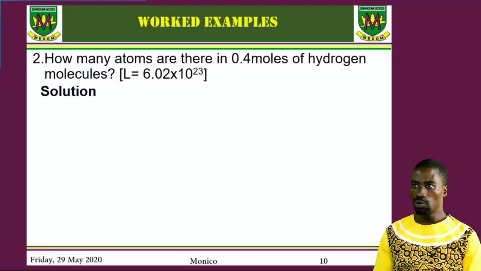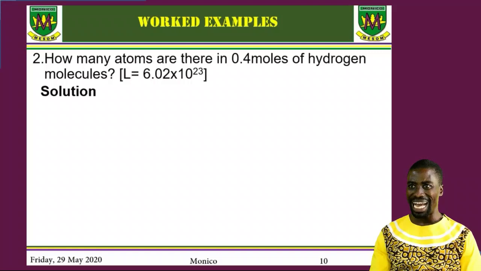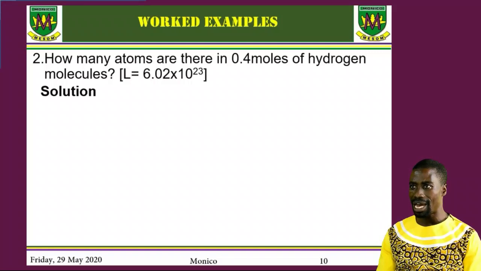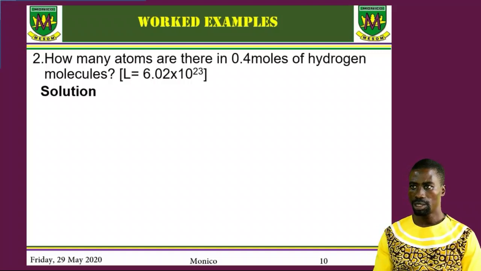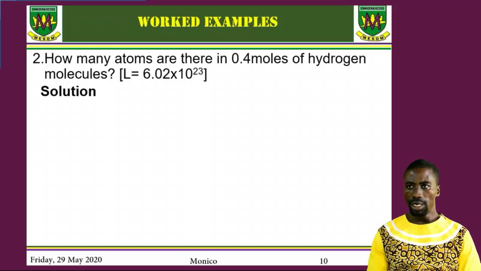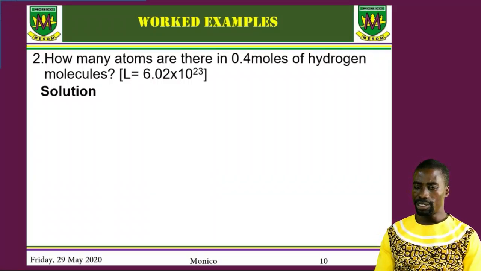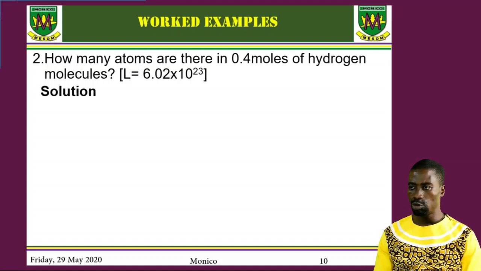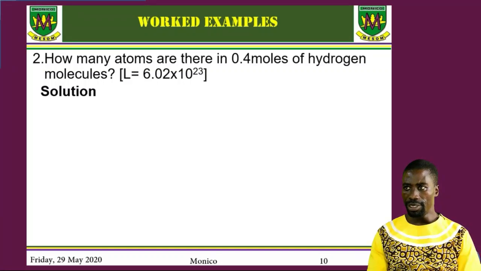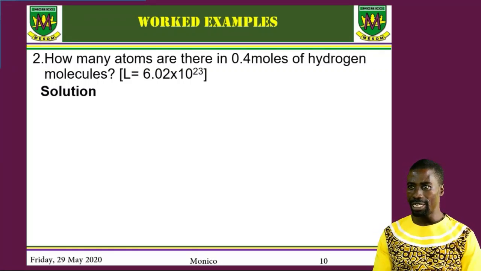Now the next worked example that we are looking at is: how many atoms are there in 0.4 moles of hydrogen molecules? Here the question demands number of atoms. However, the number of moles that was given to us was given in terms of the hydrogen molecule.